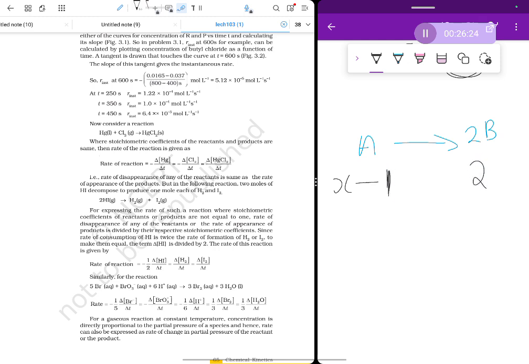I'm saying if 1 mole has been dissociated, 2 moles have to be formed according to the stoichiometry, because according to the mole concept, 1 mole of A will produce 2 moles.